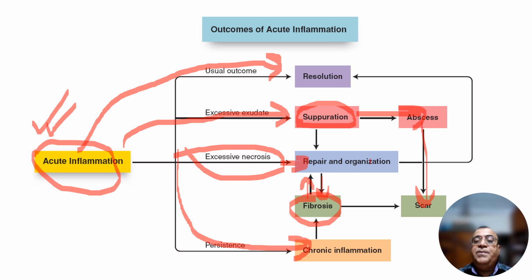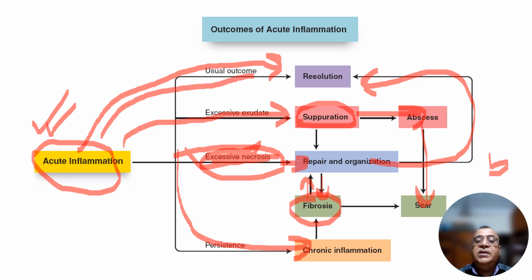So repair and organization can also lead to resolution, but here, when there is excessive necrosis, there will be healing by repair, and usually there will be healing by regeneration.